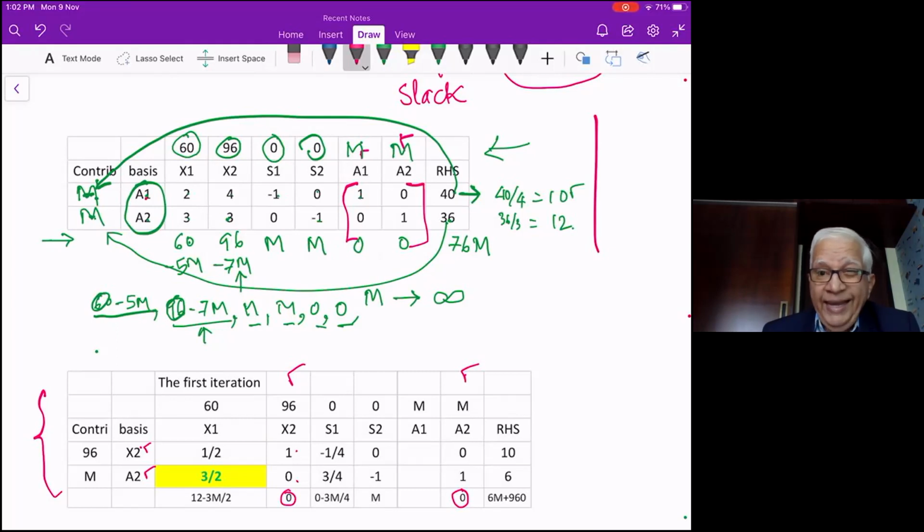Now what about the A1 column? Now let's see what is happening in the process. A1 is going out and X2 is coming in. One of the artificial variables is leaving the basis. So it's like this. When we suffer an accident of the leg, we are required to walk on crutches. So there are two crutches to start with.